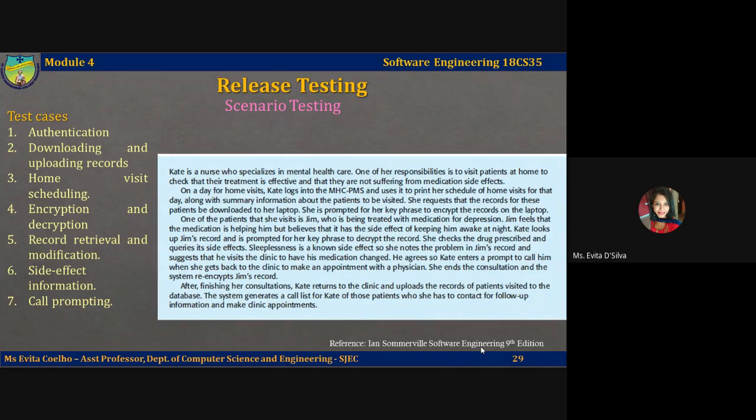This checks the response of the system to errors. You should note if the system is too slow, if it takes too long to encrypt a record, and so on. When you use a scenario-based approach, you are normally testing several requirements within the same scenario. Therefore, as well as checking individual requirements, you're also checking that combinations of requirements do not cause problems.